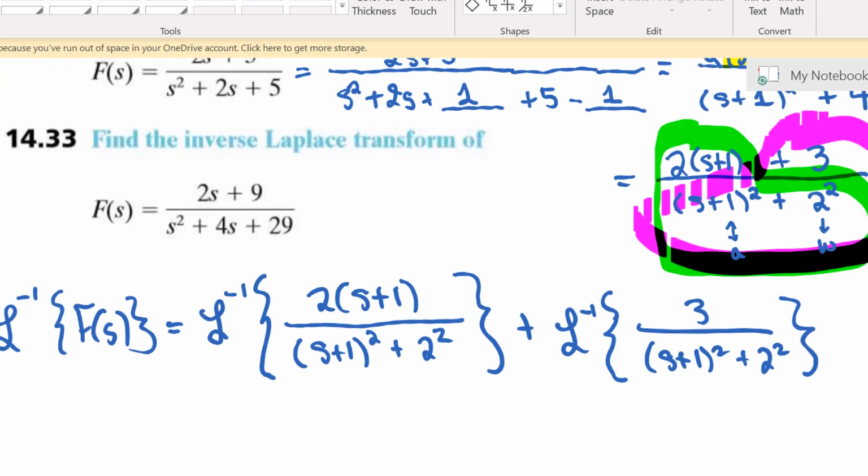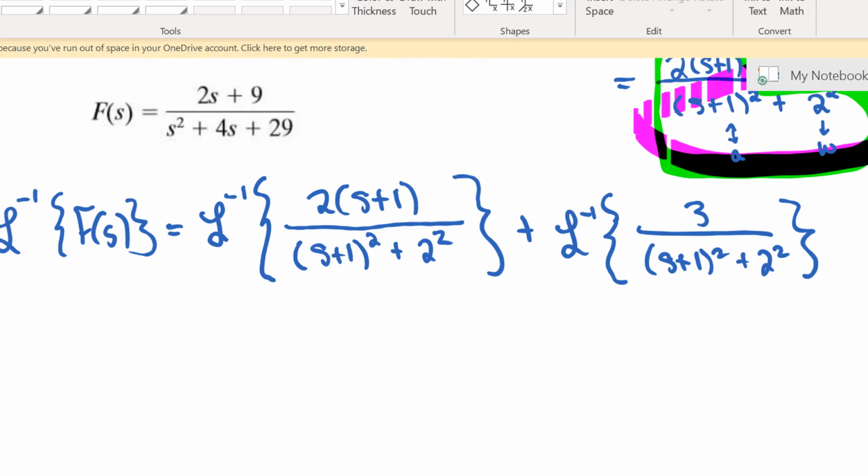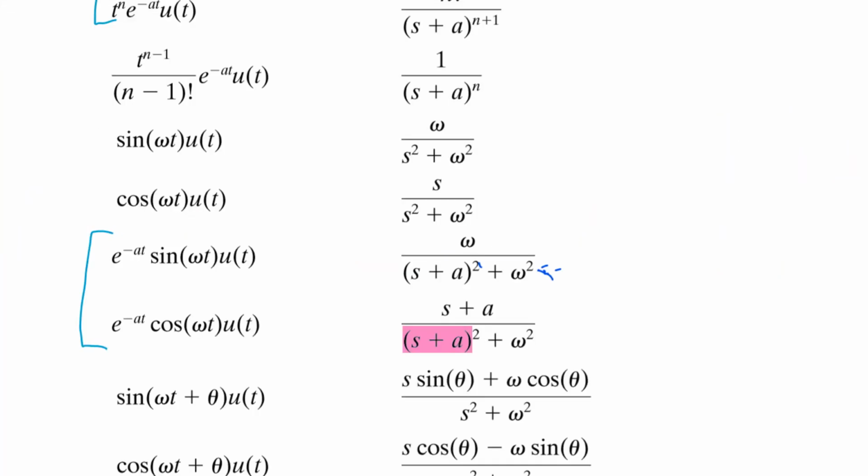Okay, the first one is set up perfectly to use the table. I would just use the constant multiple rule and bring the 2 out in front. And this one has s plus a in the numerator, so it goes with the cosine. So e to the negative at cosine omega t.